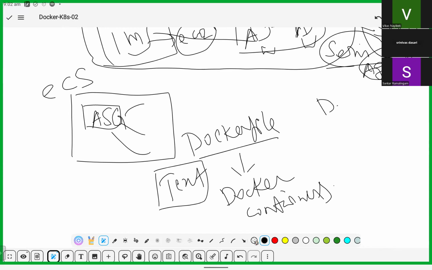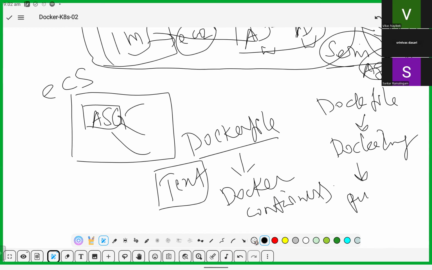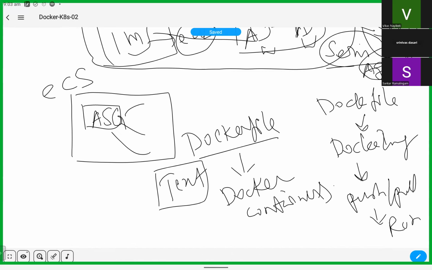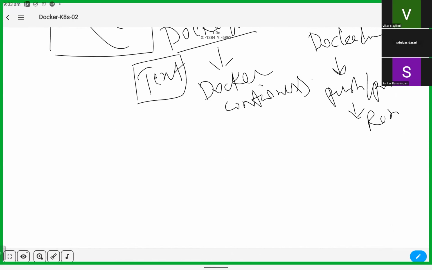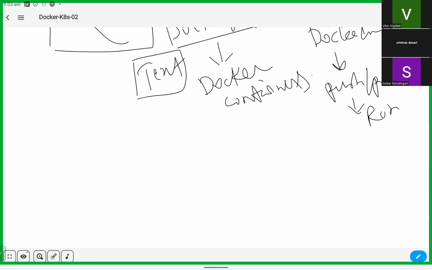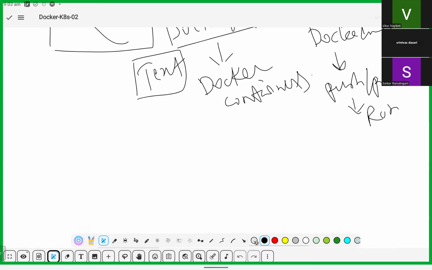Dockerfile, Docker image, then push and pull, and run the Docker container, right? Do you have any doubts on the workflow? No, Shankar, we got it.